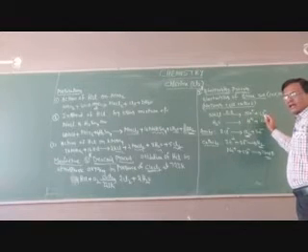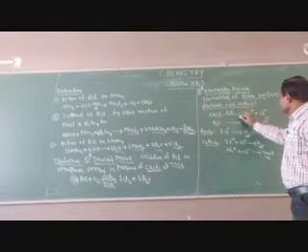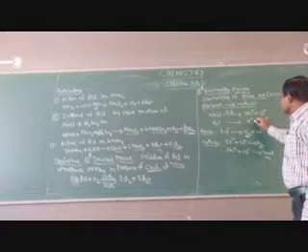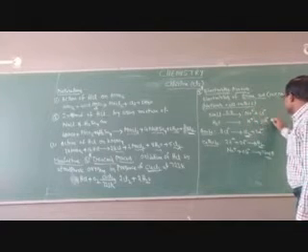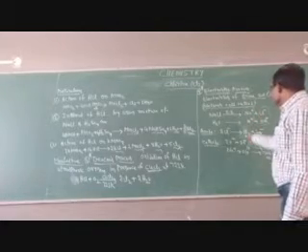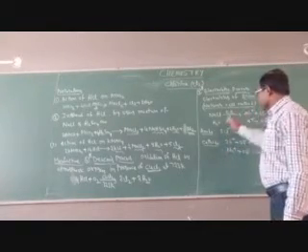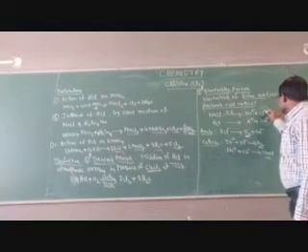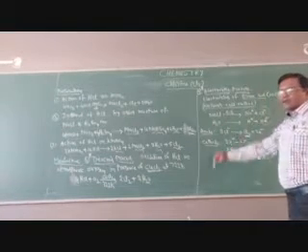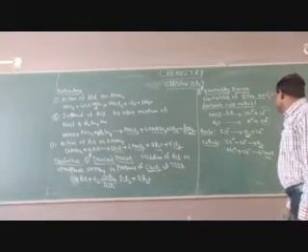and OH minus ion. So finally, in electrolysis what happens? Two cations are formed, two anions are formed. The cations move to the cathode, the anions move to the anode. Of the two anions, only one is preferentially oxidized.